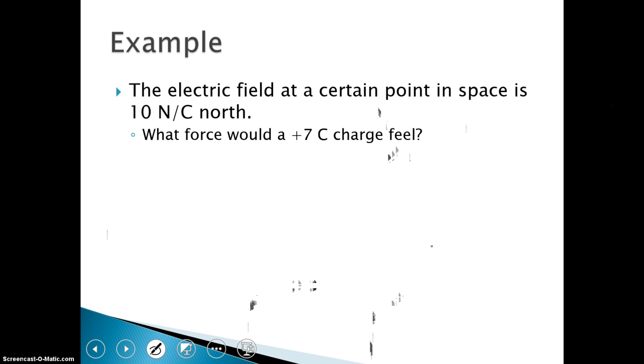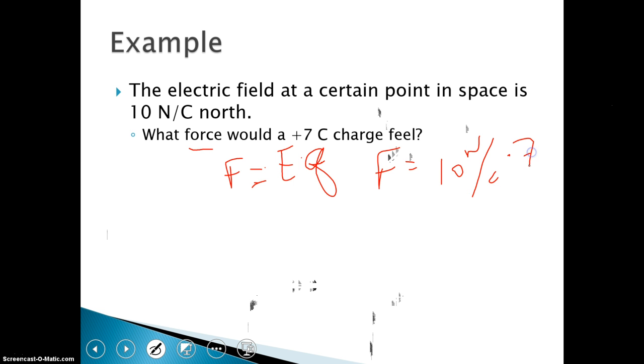Well, it's asking for force, so F equals E times Q. So then F equals 10 newtons per coulomb times 7, which is 70 newtons.